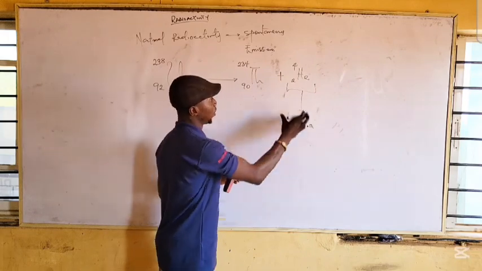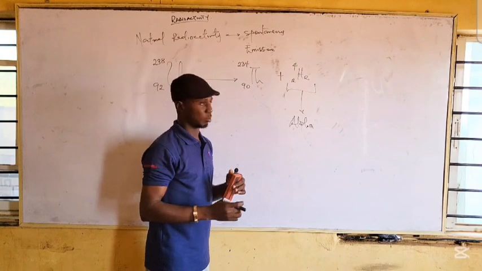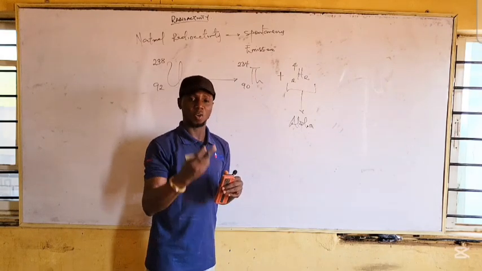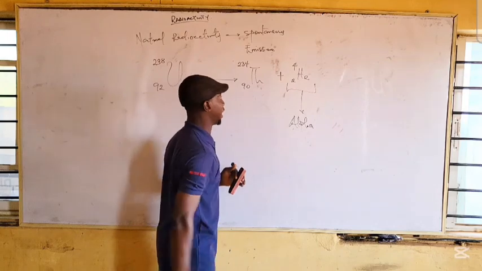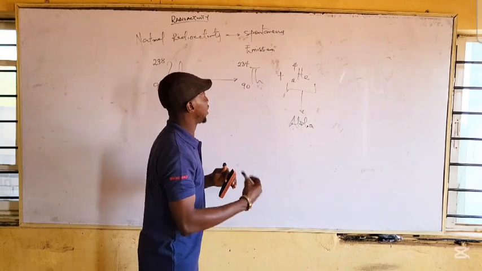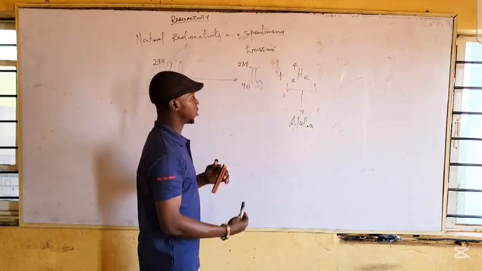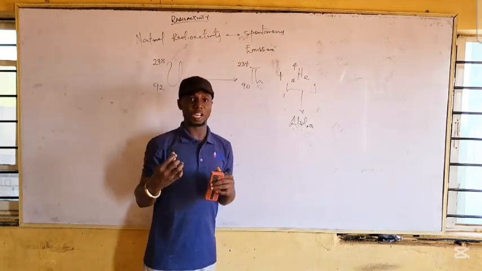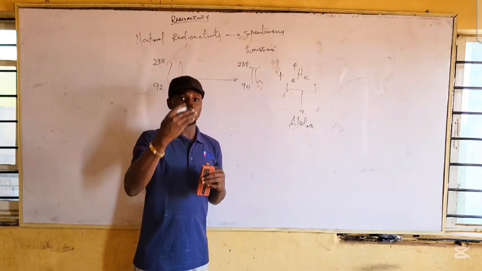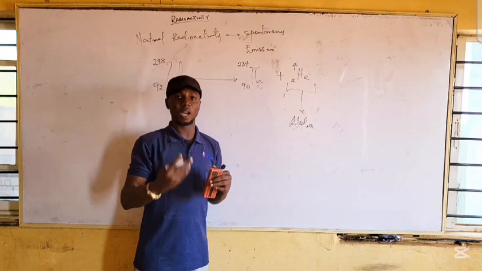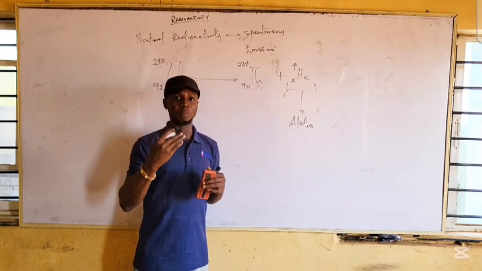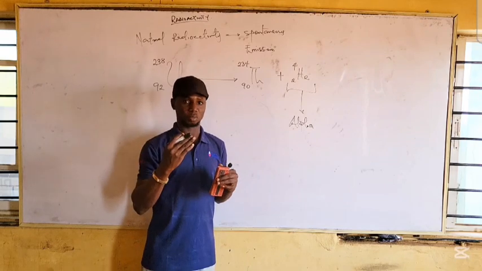Whenever you see a type of radiation, especially alpha, beta, or gamma, at the product side, it is natural radioactivity. That is explaining emission. I gave the definition earlier that radioactivity is a process whereby the nucleus of an unstable isotope disintegrates by emission of a radiation.